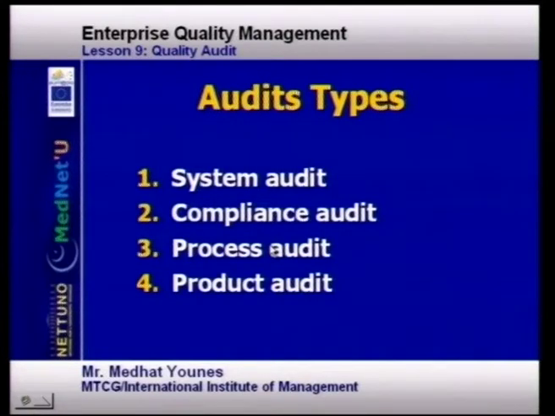In the process audit, the process audit provides analysis of elements of a process and appraisal of completeness, correctness, or condition of that process. The 4th type of audit is product audit. The product audit provides quantitative assessment of conformance to required product characteristics.